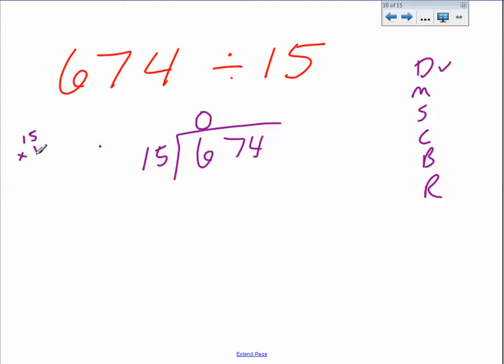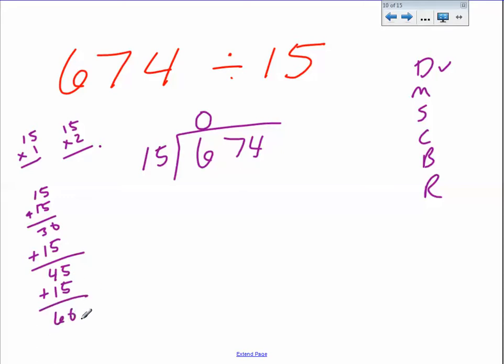You can say, okay, well, 15 times 1, 15 times 2. You could do that. Or you could just do some repeated addition. You could say, well, 15 plus 15 is 30, plus 15 is 45, plus another 15 is 60. And if I went any further, that's going to be bigger than 67, and I can't go over 67.